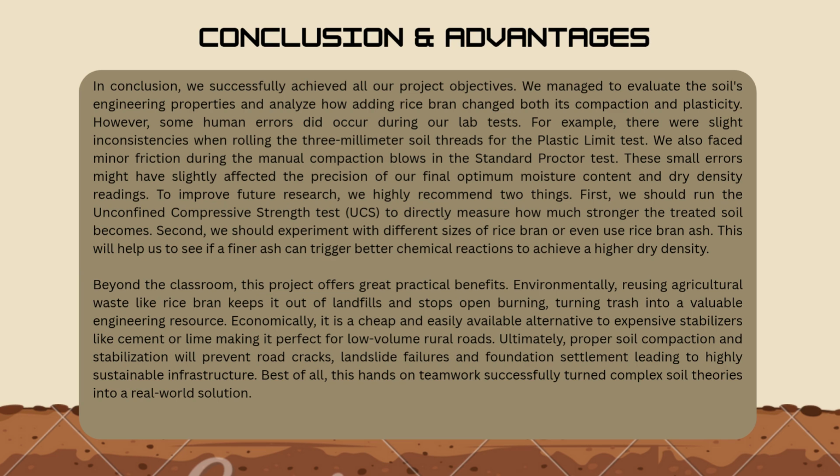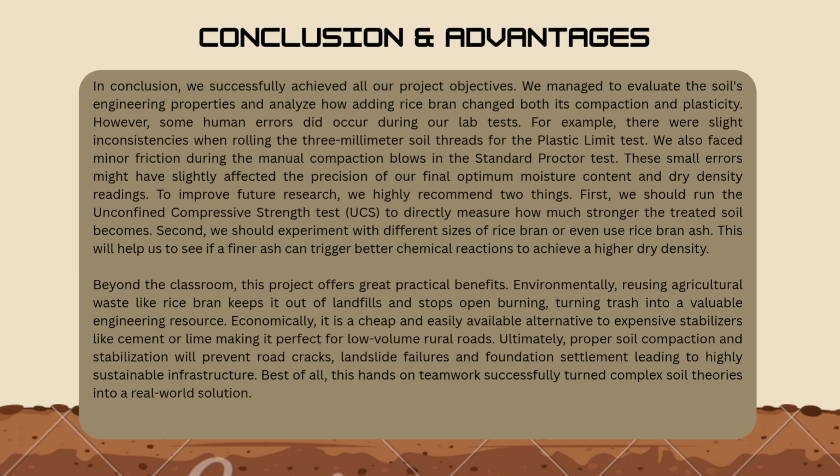This will help us see if a finer ash can trigger a better chemical reaction to achieve a higher dry density. Beyond the classroom, this project offers great practical benefits.